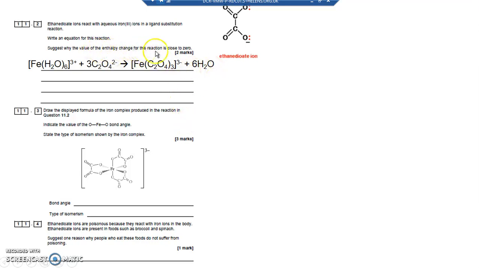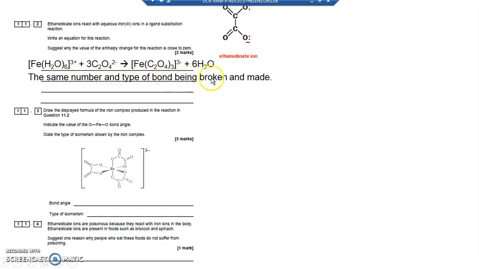Suggest why the value of the enthalpy change is close to 0. It's because the number and type of bonds that I'm breaking are very similar to the number and type of bonds that I'm making. So remember, in water it's a lone pair on the oxygens of the water that bonds to the Fe in 6 coordinate bonds, and here I've got 6 coordinate bonds, albeit from 3 ligands now because they're bidentate ligands, again from the oxygen.